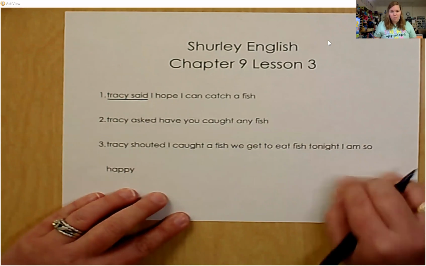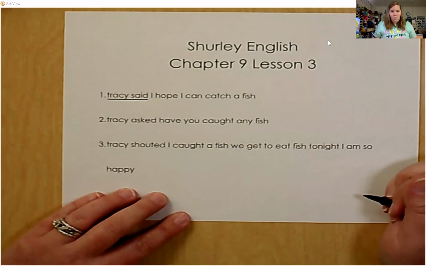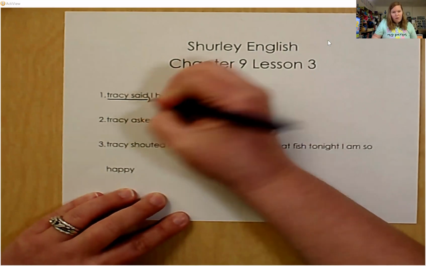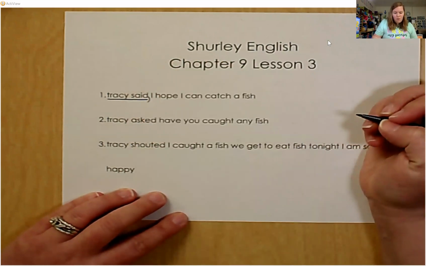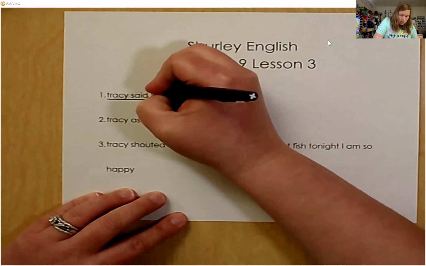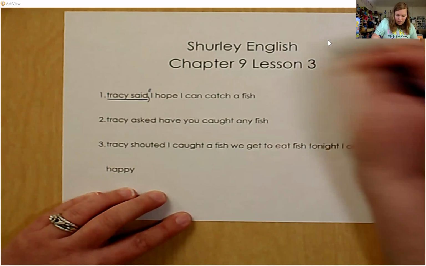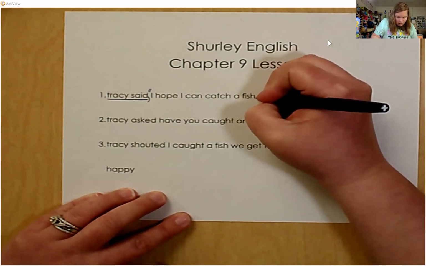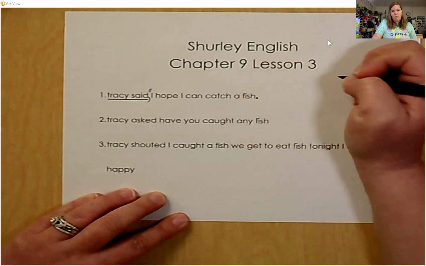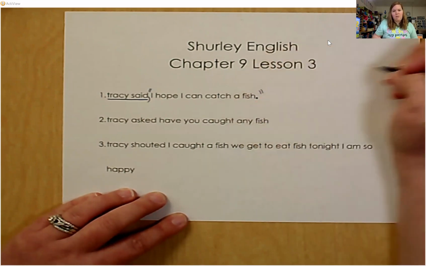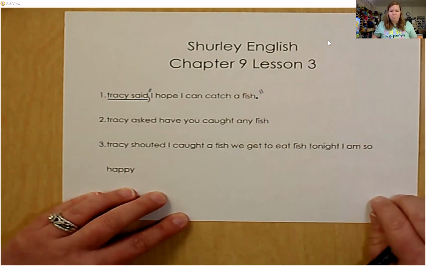All right, so step number 1, we need to put a comma after the explanatory words, start the quotation, put an ending mark. In this sentence, it's just a telling sentence, so we'll put a period, and our quotations end after the end mark.